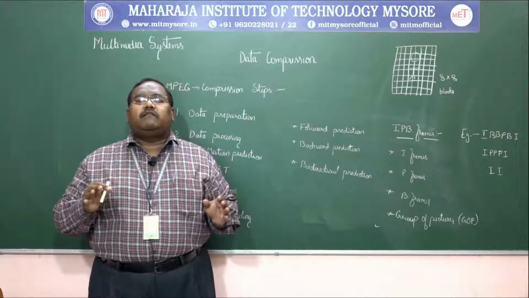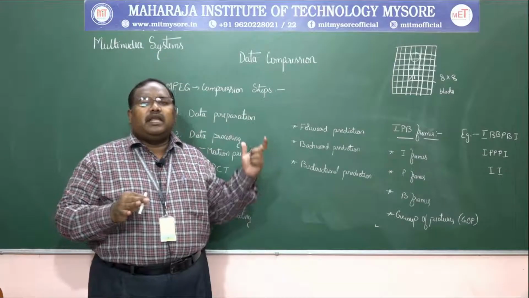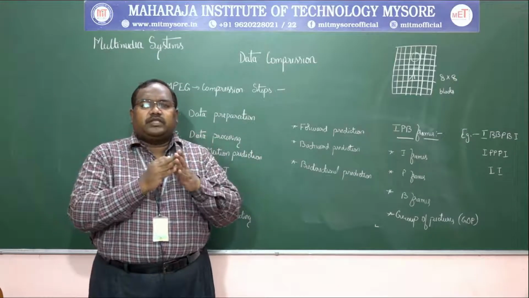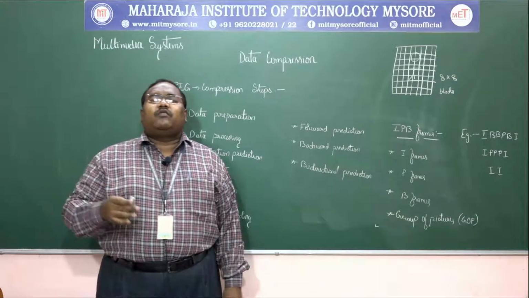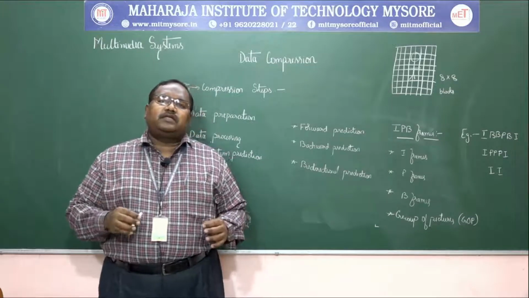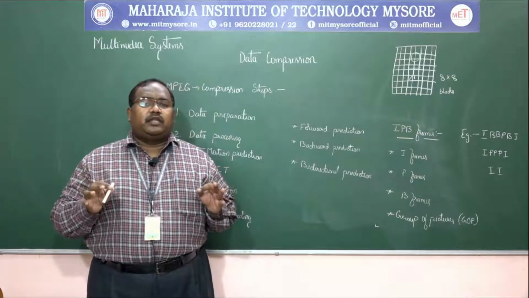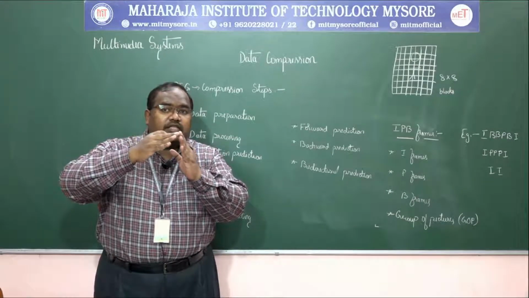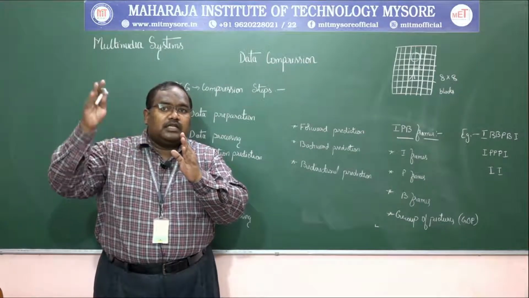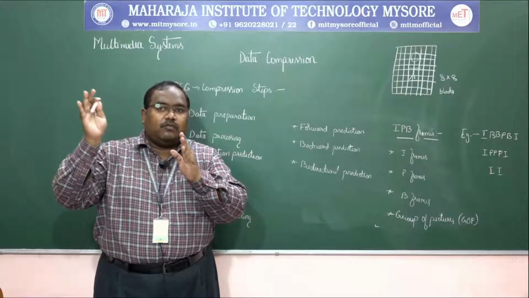So grouping on DC frequency coefficient is the main intention of quantization, because we want to exclude the AC component thoroughly. So it requires minimum data to represent the given video range, because we are using the process of quantization to exclude the higher frequency range, that is AC component.